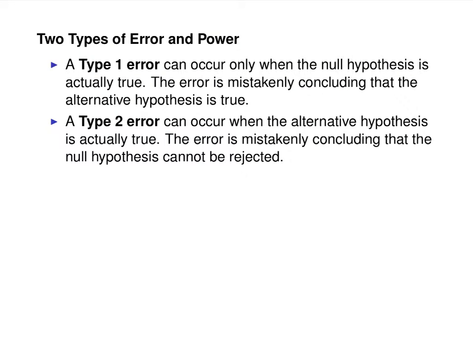So when talking about hypothesis tests, you're usually trying to reject your null hypothesis and you don't really know if it's true or not. And there are different kinds of errors you can make. So here are the two different kinds of errors. A type 1 error occurs when the null hypothesis is true.